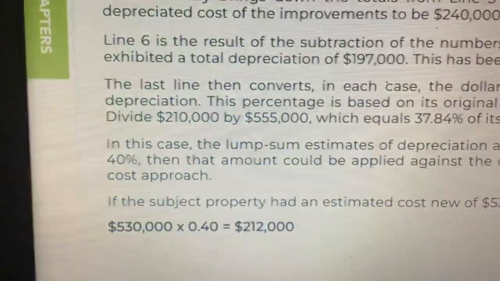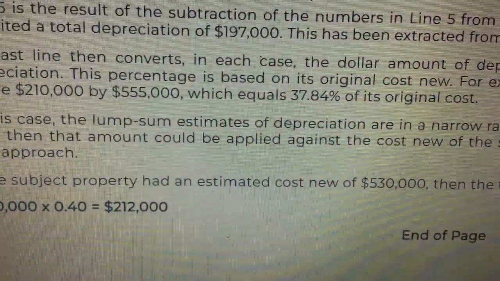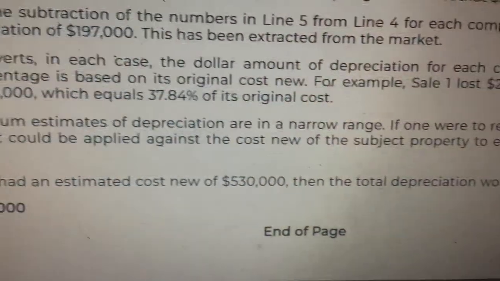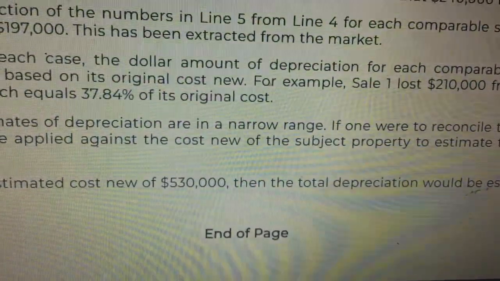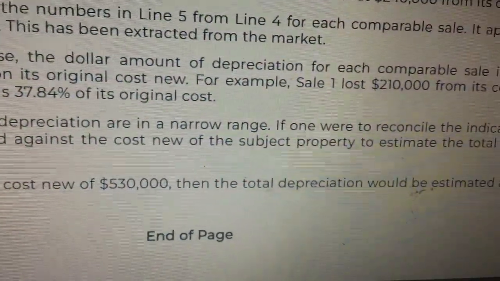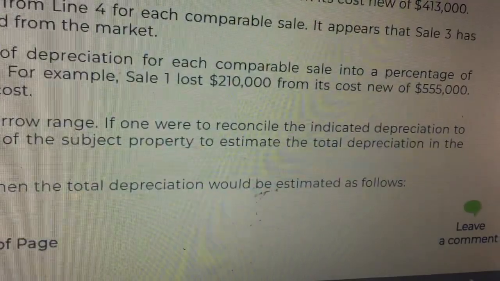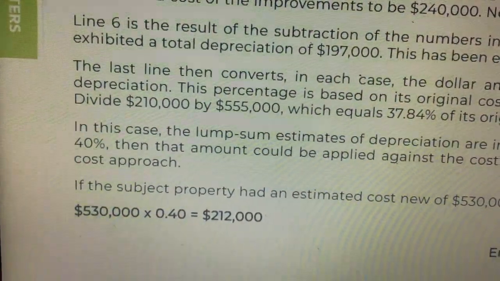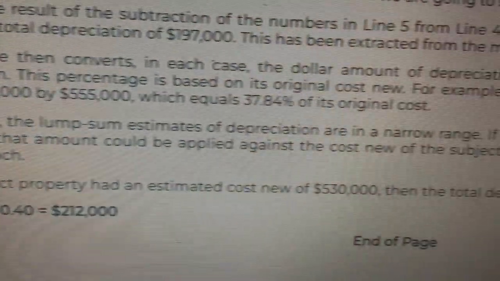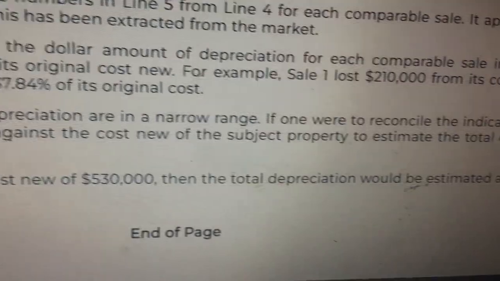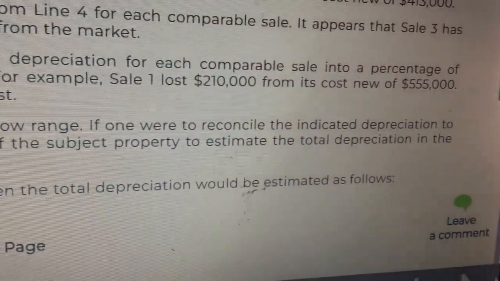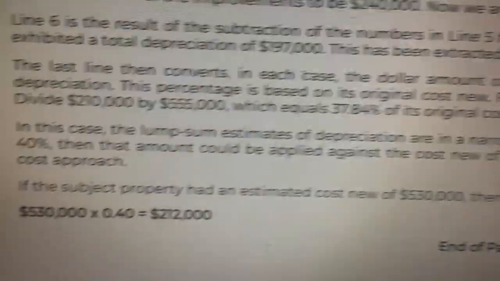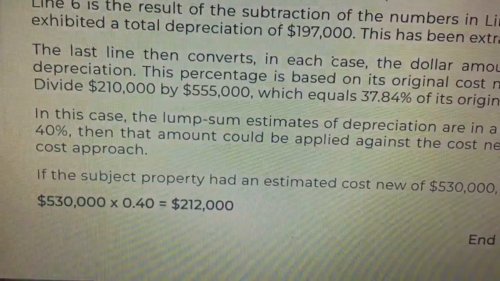In this case, the lump sum estimates of depreciation are in a narrow range. If one were to reconcile the indicated depreciation to 40%, then that amount could be applied against the cost new of the subject property to estimate the total depreciation in the cost approach.